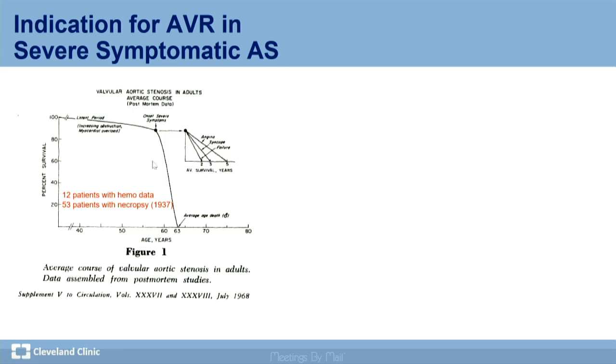And he came up with this just from 12 patients, amazing, 12 patients' information. And then subsequently there were another 50 people, but this was a very, very old paper, as you can see, that he came up with.